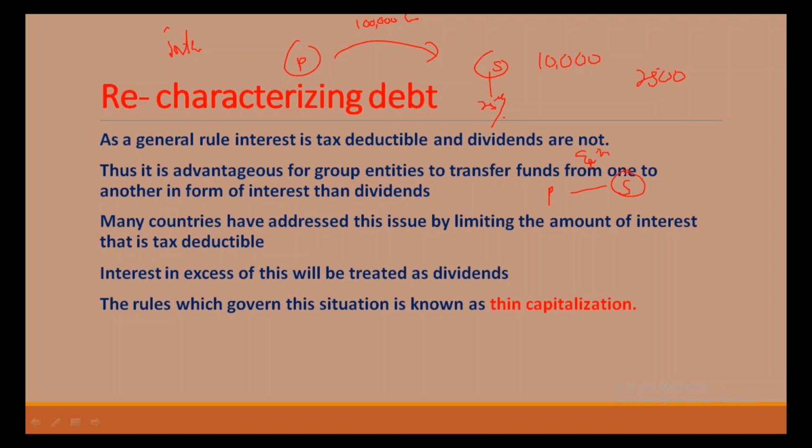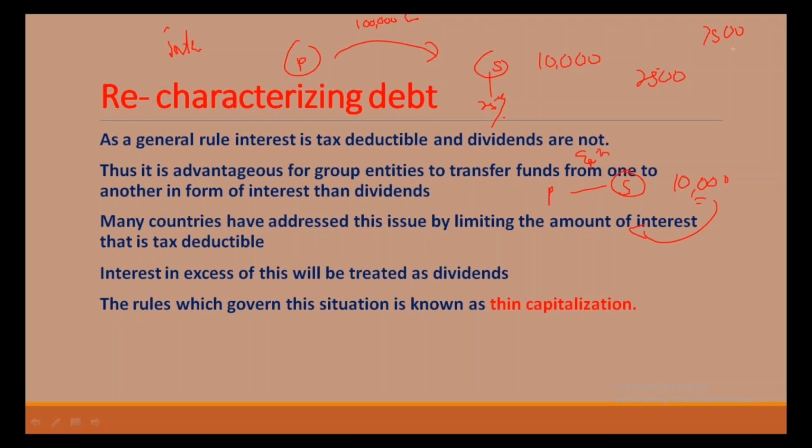And if the subsidiary pays a 10,000 dividend, nothing can be claimed as a deductible expenditure because dividends are not allowed for taxation purposes. So here the subsidiary's full cost is 10,000. In the loan case, the cost is 7,500. They can claim 2,500.